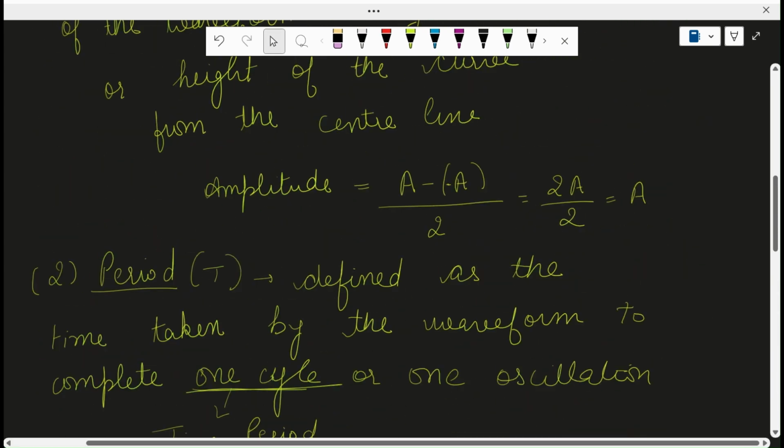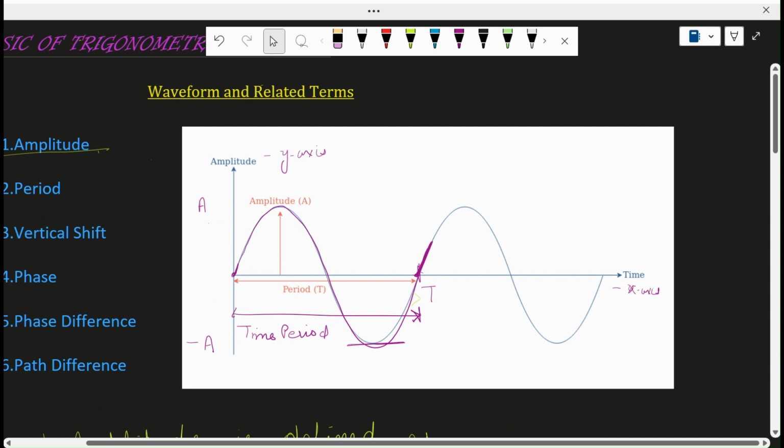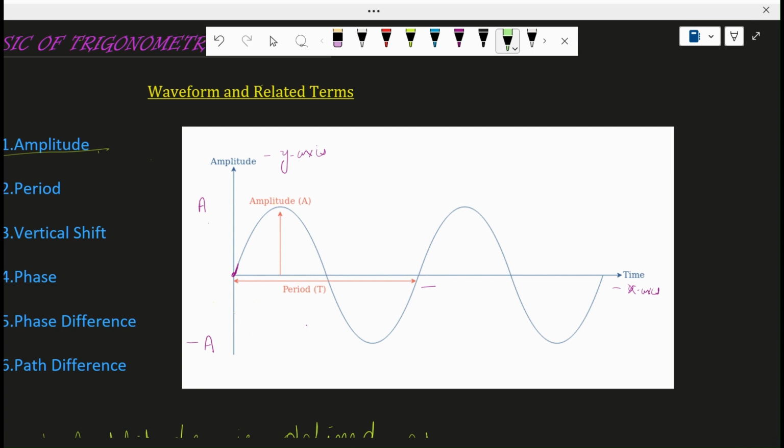So let us now quickly see how we can compare the motion of a pendulum with a waveform, right? This is the time, maximum time t. Now, what is the motion? This is our initial position. Then the pendulum moved from the initial position to the maximum position where it attained A. This was our extreme position, and here this is our mean position.